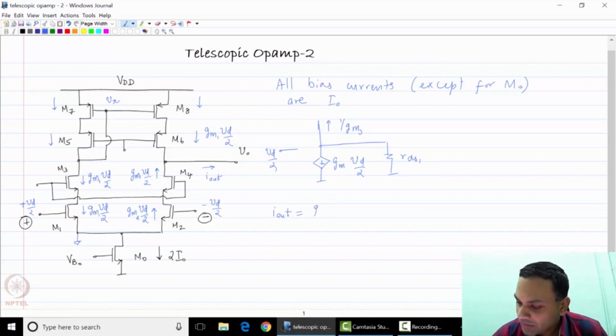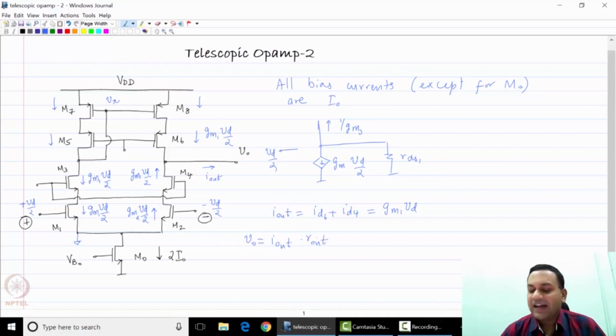So I out is ID6 plus ID4. This is nothing but Gm1 times Vd. So the output voltage that is generated is I out times R out.